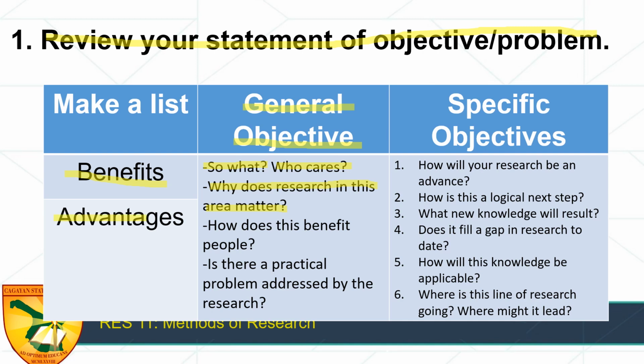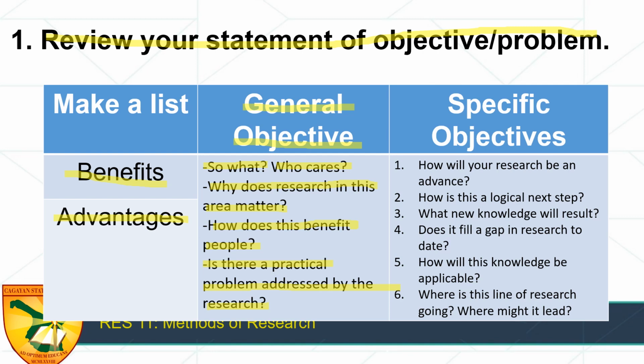So then looking at advantages, how does this benefit people? What will happen if I do determine the prevalence of non-fully immunized children? Is there a practical problem addressed by the research? Do we really have problems in terms of non-fully immunized children of indigenous groups?